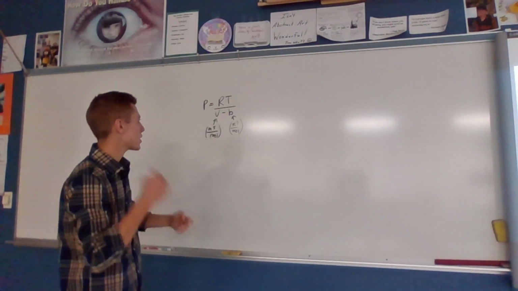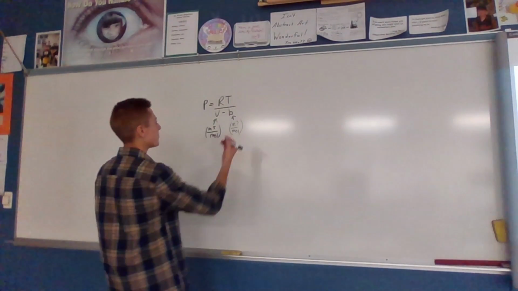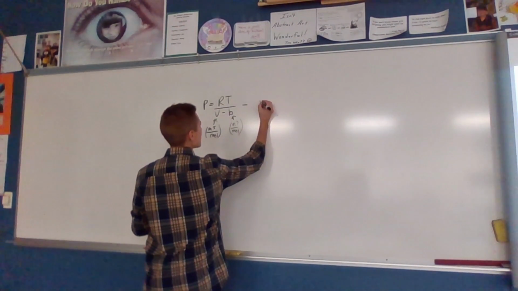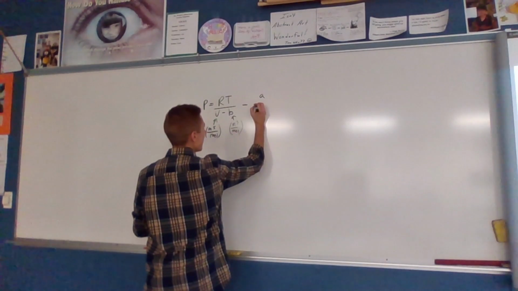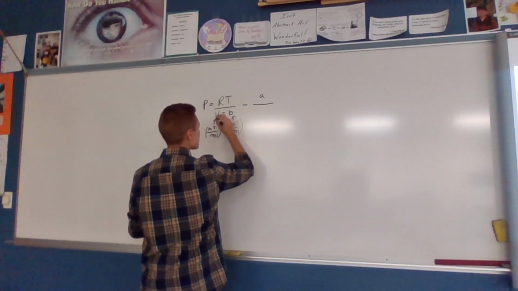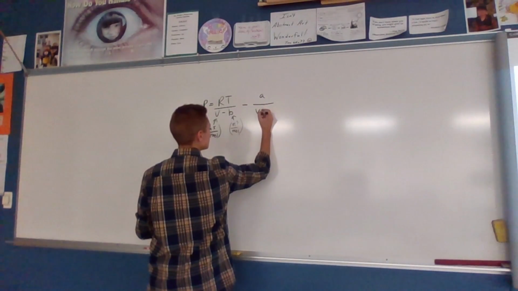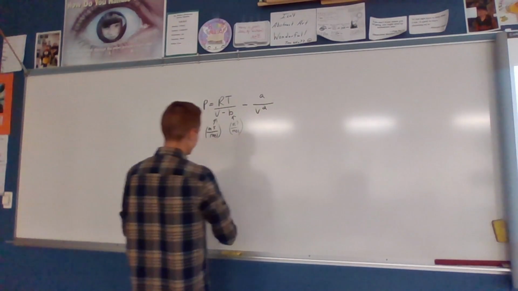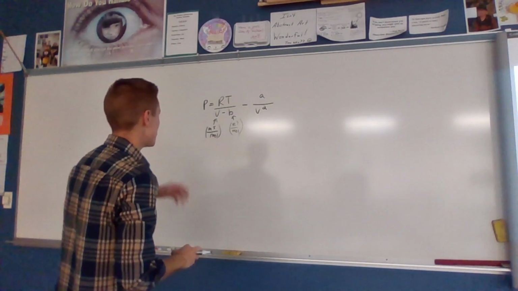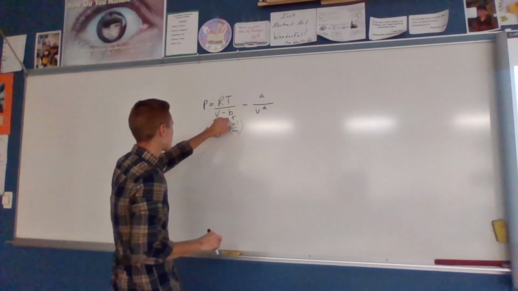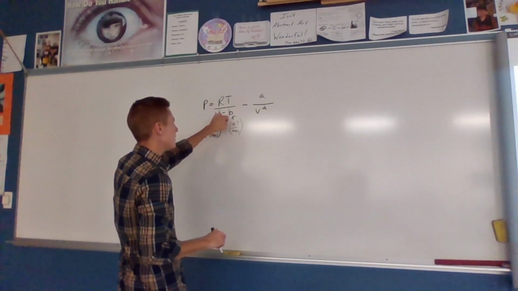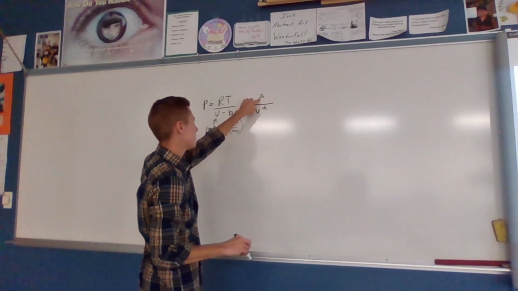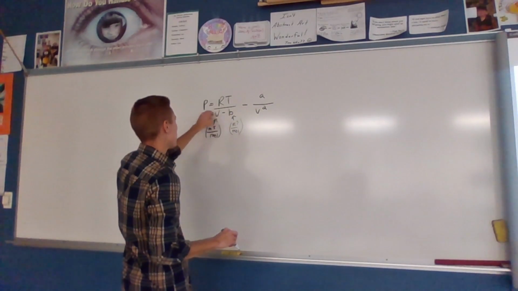So we want to account for this and subtract it from our pressure here. So we want a certain value of A divided by our specific volume squared. Now we find our B and A parameters and use that to solve for P.